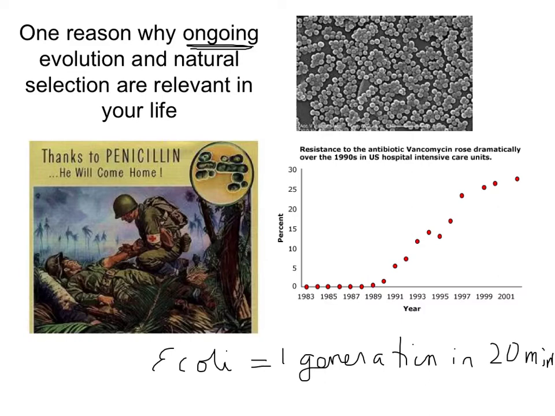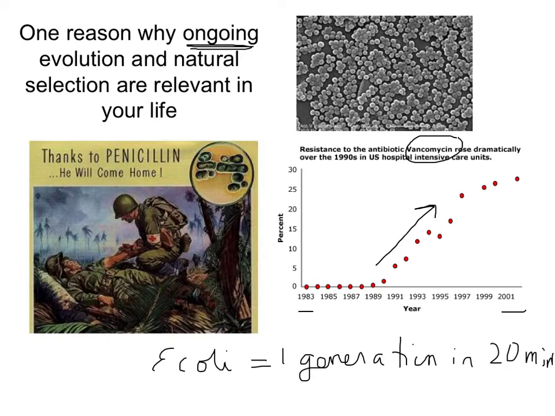This graph here on the lower right is showing the percent of bacteria isolated from patients in U.S. hospital intensive care units, from 1983 up until 2001. It's showing us the rise in the number of microbes that are resistant to the key antibiotic vancomycin.